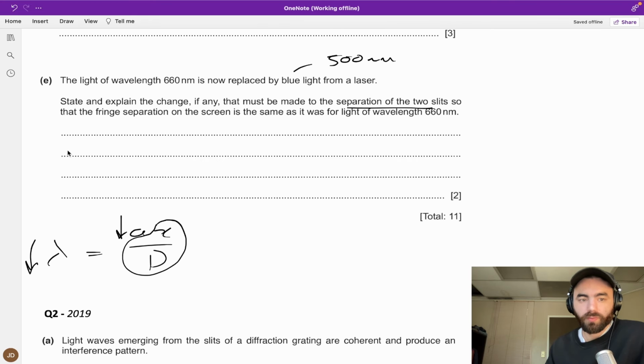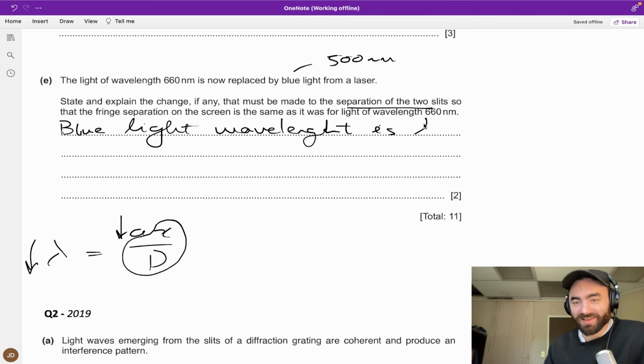So, say blue light wavelength is less than 660 nanometers, because it's 500.